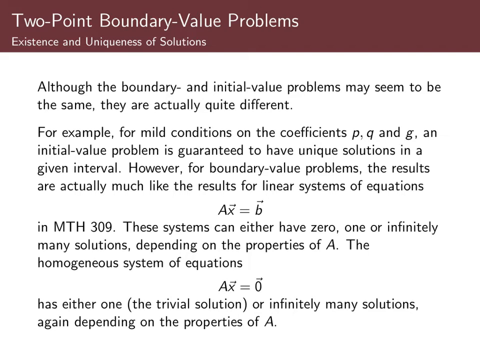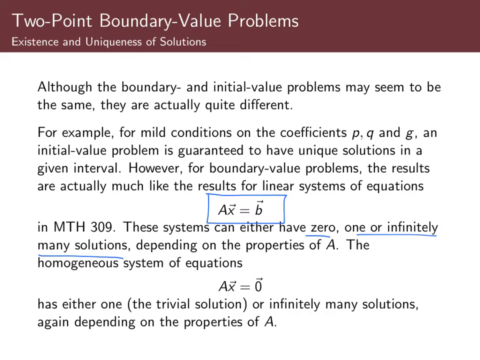For boundary value problems, we have a structure similar to that of linear equations seen in 309. If you remember, a linear system of equations, Ax equals b, can have 0, 1, or infinitely many solutions, depending upon whether the matrix A in the square case was invertible or not.